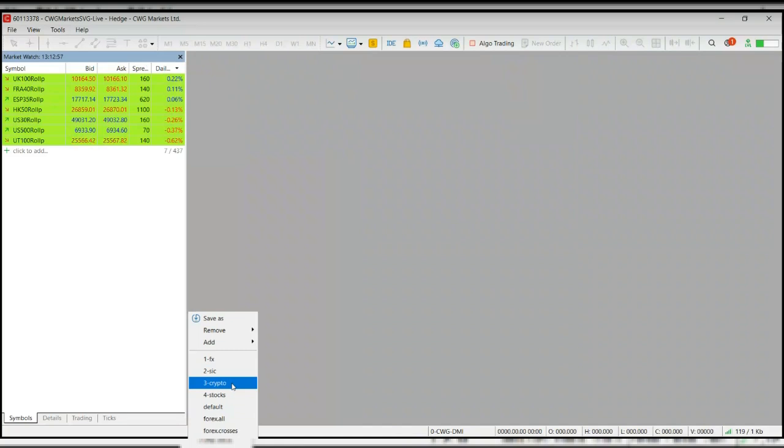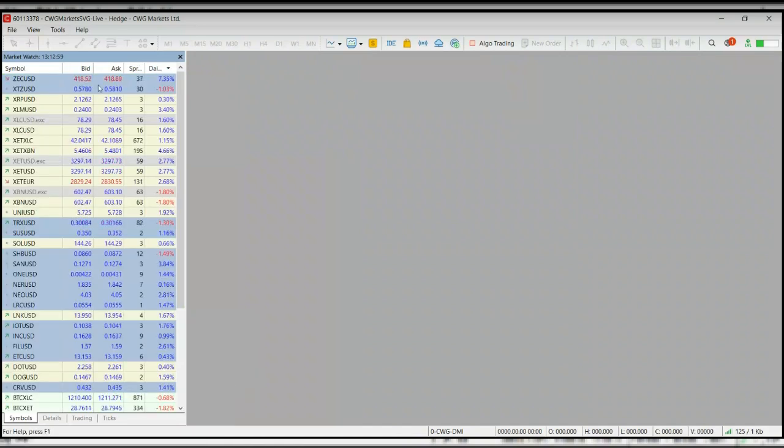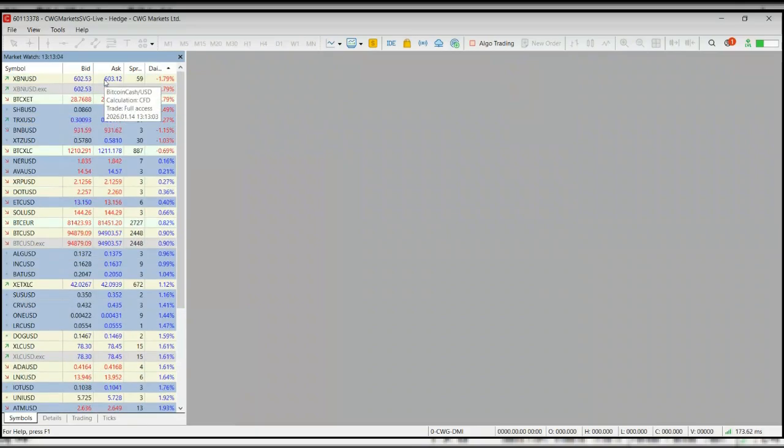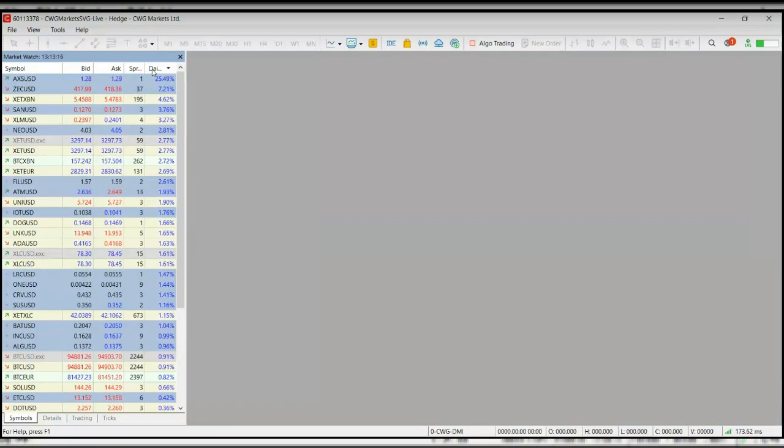Then we'll switch over to our cryptocurrencies, where in terms of losses for the day, we've got Bitcoin Cash and XTZ Tezos as well. But if we switch over to the biggest gainers for the day, we've got Zcash and AXS. Other biggest movers include Ethereum, XET USD, as well as Dogecoin, Chainlink, and Cardano. So those are just some of the movers in the market so far.